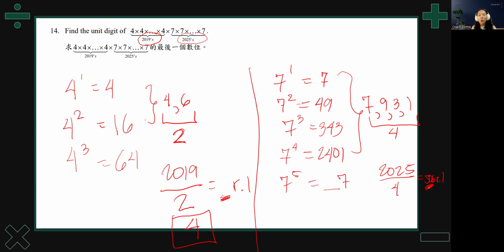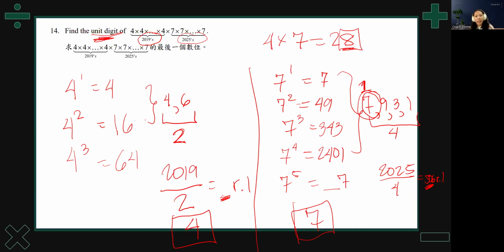You don't need the whole number, you just need the remainder. The remainder 1 tells us that we'll end up with a 7, the first one in the pattern. So 7 and 4. Now multiply the 4 and 7, you'll get 28. But be careful, you don't want the 28. You just want the unit digit. So the answer is 8.